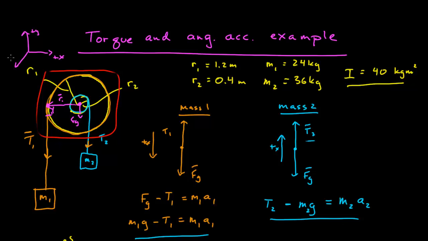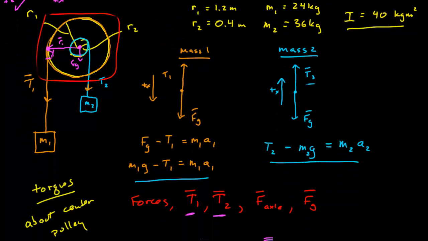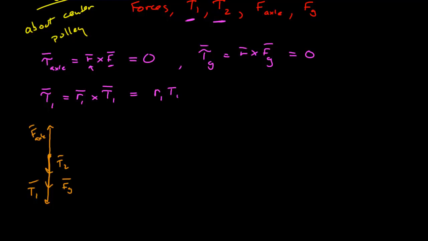Given a right-handed coordinate system, my positive z-axis must also be out of the screen. So the torque is out of the screen, so this induces a positive rotation for the torque.